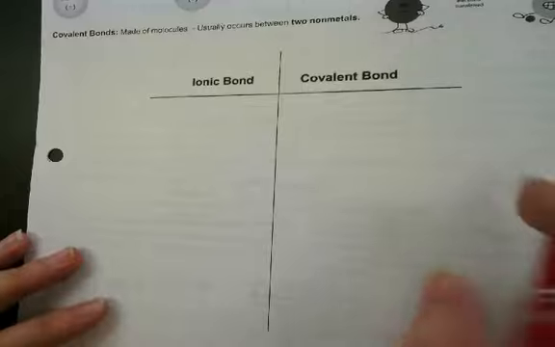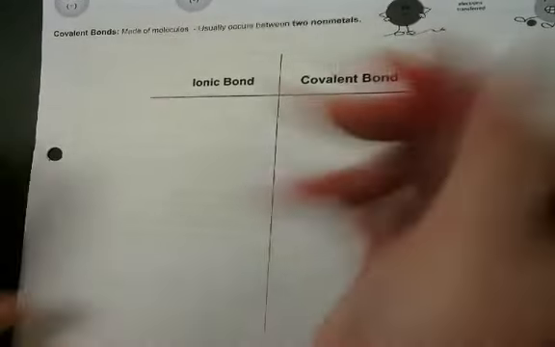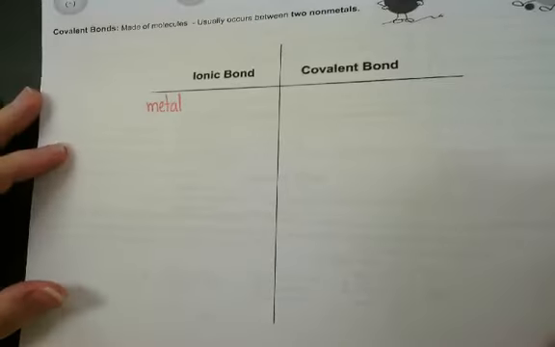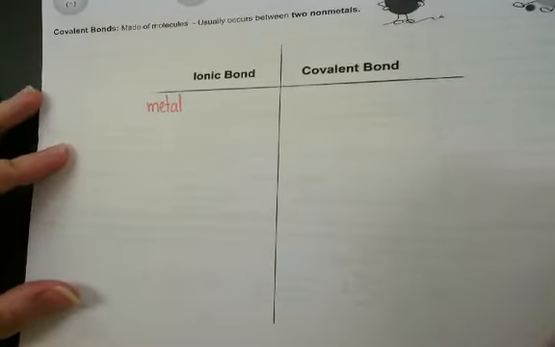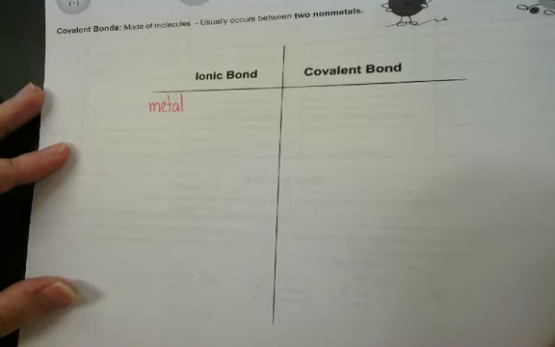What type of elements are ions? Metals. So, you're going to have a metal. Anything else? Is there anything else that I said that's going to tip you off that you've got an ionic bond?